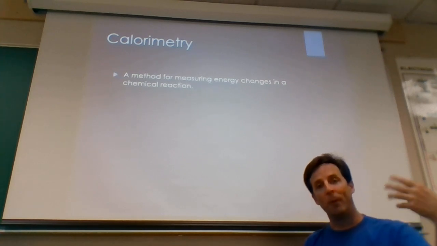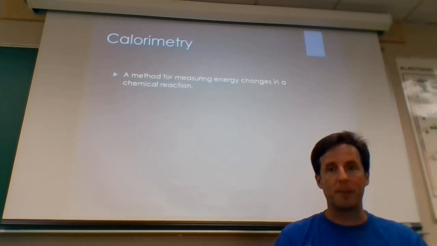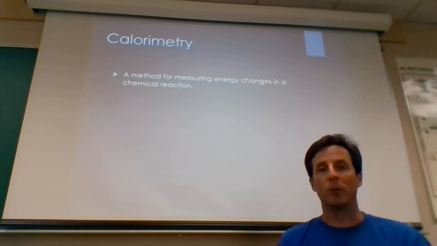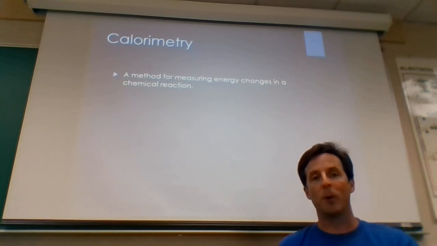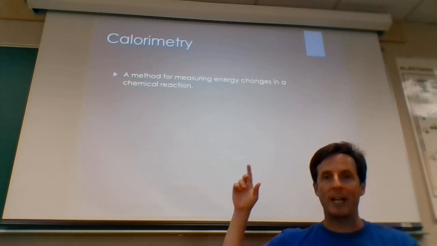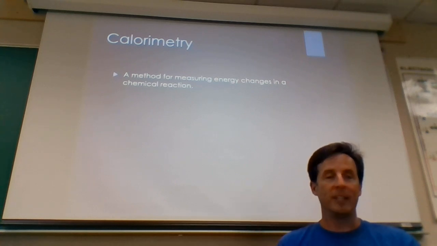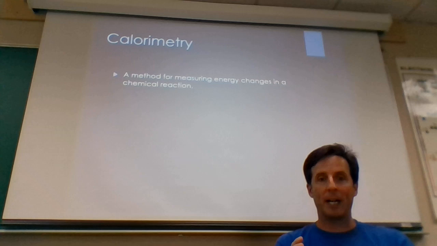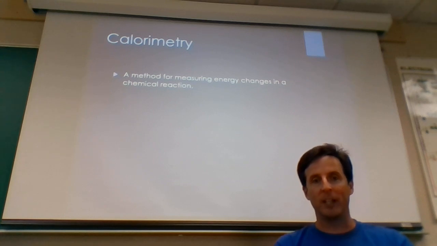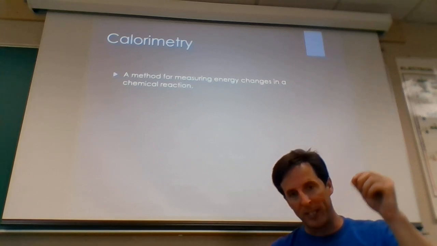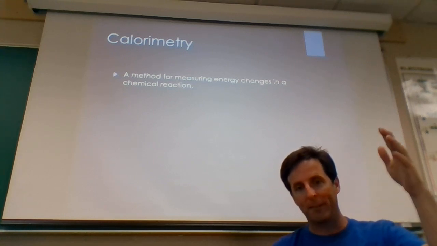So now we're going to get into actually doing experiments where if I am going to study the thermodynamics for a chemical reaction, that process is called calorimetry. And basically the idea is I'm going to do a reaction in a container. As the reaction occurs, I'm going to measure the mass of everything in there and the change in the temperature from before the reaction to after the reaction.